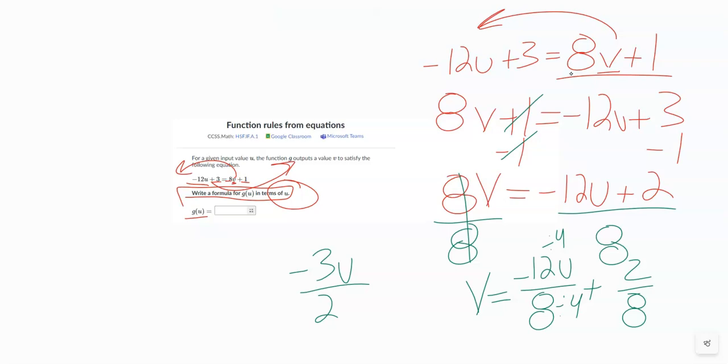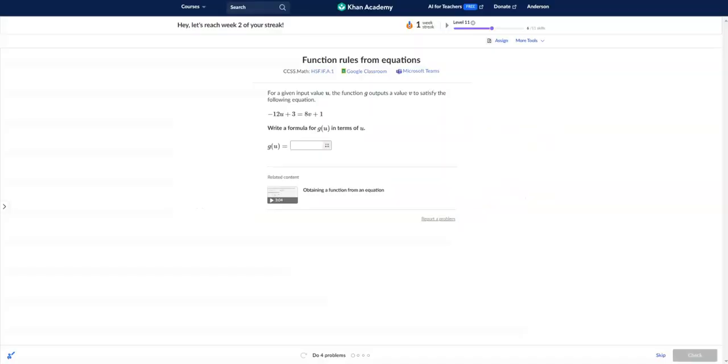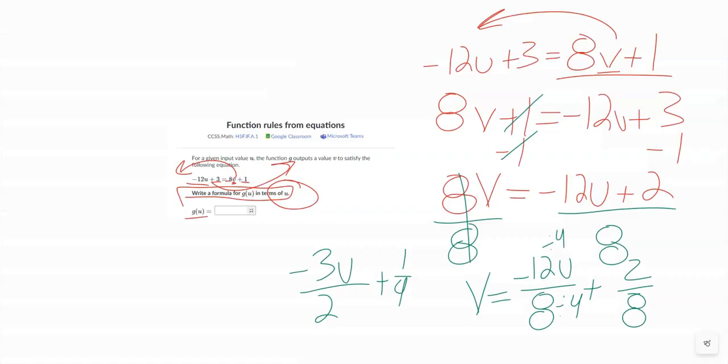And then 2 over 8, divide those both by 4 as well, and we get 1/4. All right, so our answer is negative 3u over 2 plus 1/4. Negative 3 over 2, and it was u on top, right? Plus 1/4. Try that right.